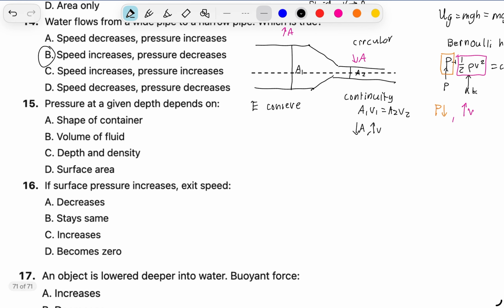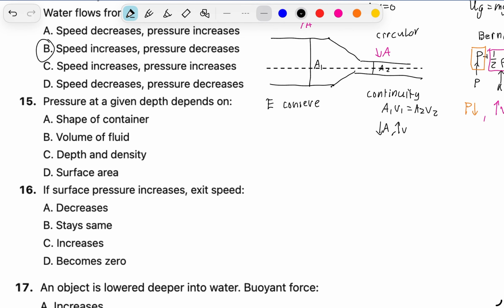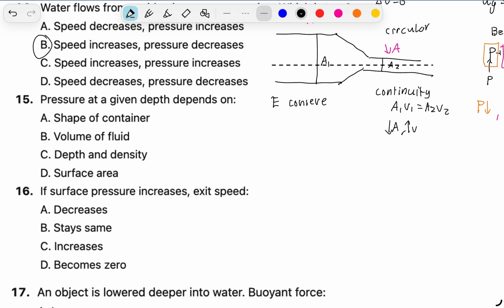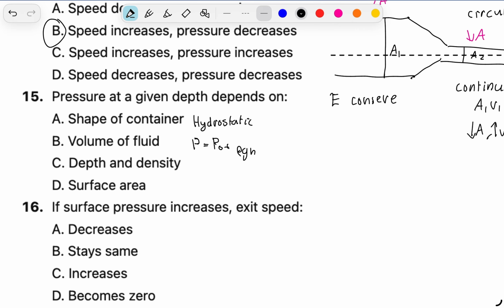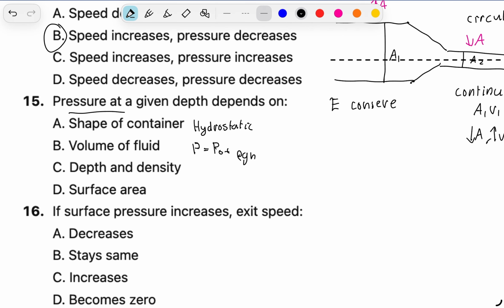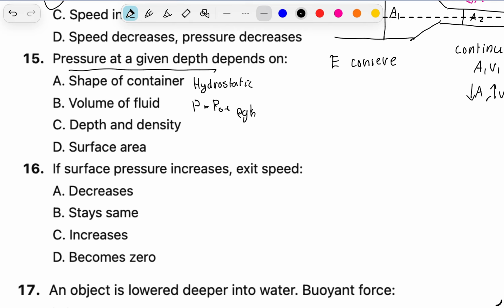Now we're asked what the pressure at a given depth depends on. Well, here we can again use our hydrostatic equation. Our pressure is going to equal P initial plus rho gh. So let's see what our variables are. We have our density rho, of course, our depth h, and our gravitational constant.